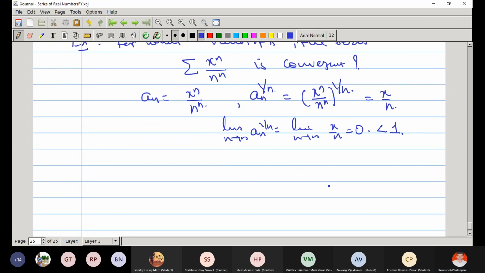Correct? And therefore no matter what x you select, the series is always convergent for any x. Right. This is a very interesting thing. Whatever x you put, no problem. Every time the limit comes out to be 0, less than 1. So the series is convergent.